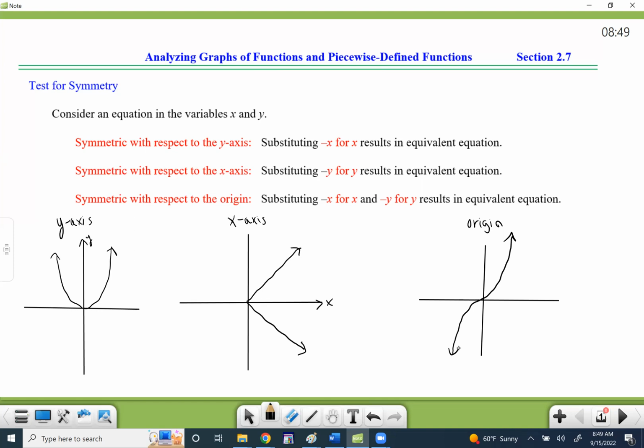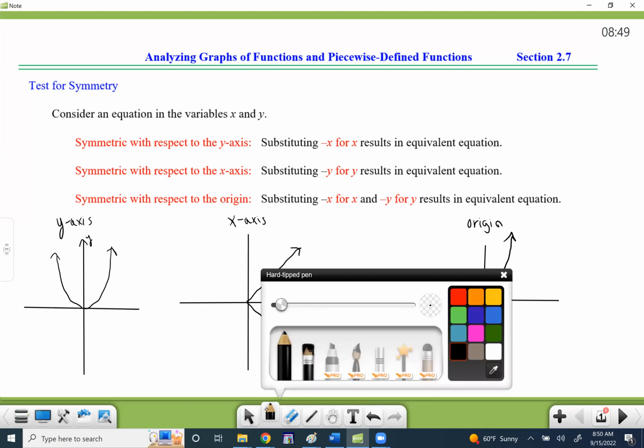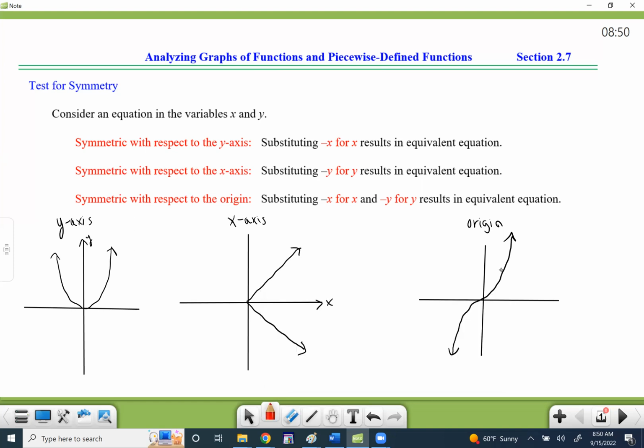Symmetric to the origin can be thought of as two reflections, and it doesn't matter the order. You could think of it as, okay, I'm going to reflect across the y-axis first, and let's say I take this piece right here, and that's what I'm going to reflect. So it comes over here like so. And then you do another reflection across the x-axis. And so the red piece that we just got will now come down here and will land on this other branch, okay? So that's one way to think of it, as a double reflection of half the graph, right?